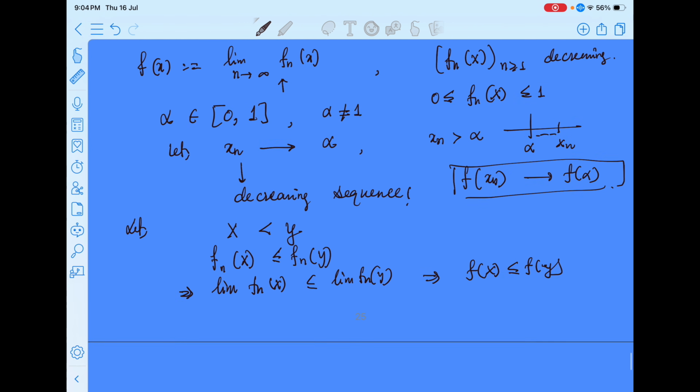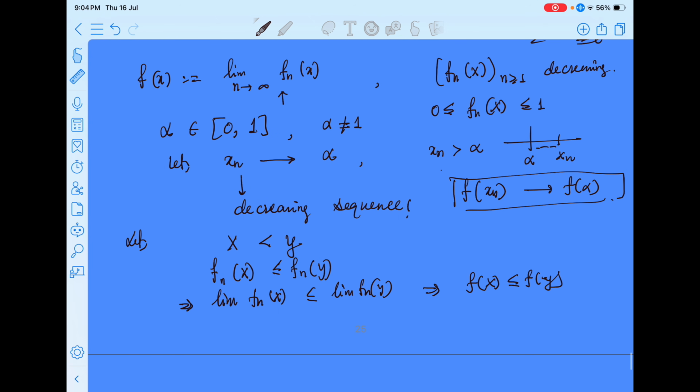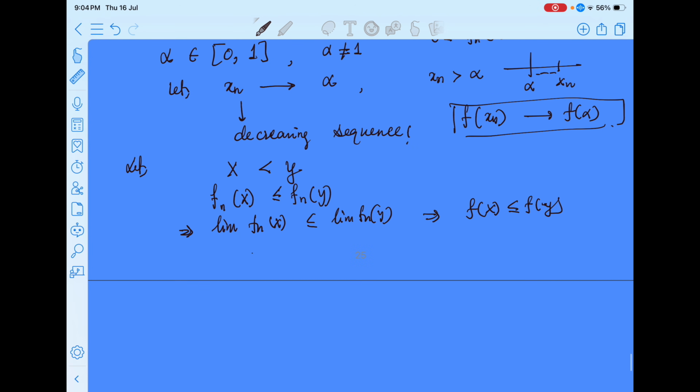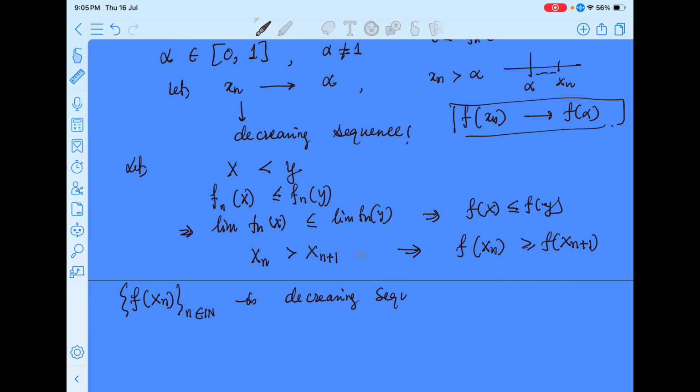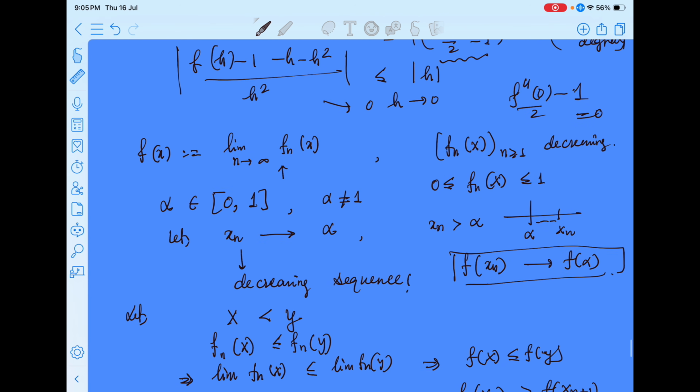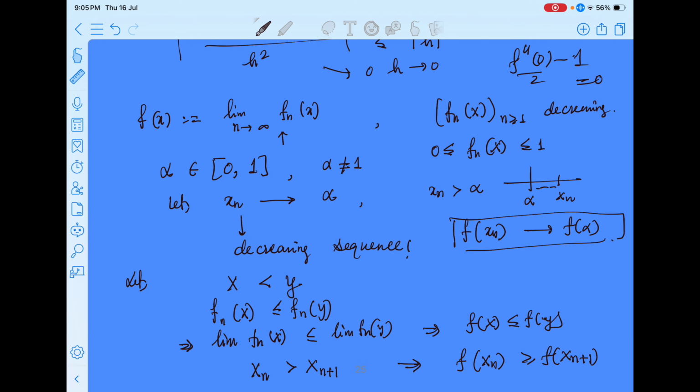Okay, so now we have a decreasing sequence x_n tending to alpha. So x_n is greater than x_(n+1), which will imply f of x_n is greater than or equal to f of x_(n+1), right? So f of x_n is a decreasing sequence, and by definition of f(x), this is the limit of f_n(x), and f_n(x) are inside 0 and 1.